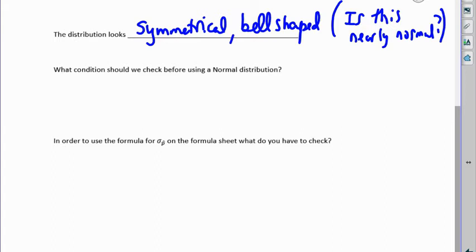And how do we check that for proportions? We use n times p being greater than or equal to 10. And we would check n times q being greater than or equal to 10.